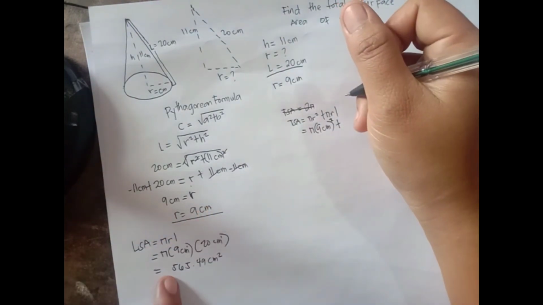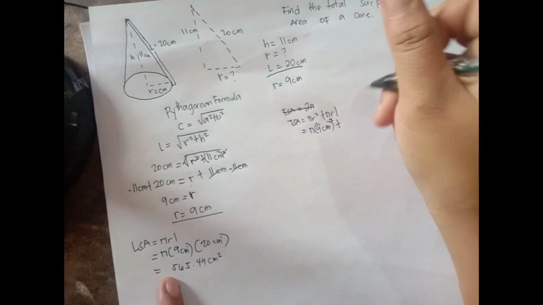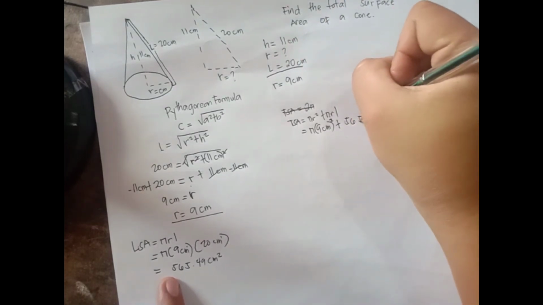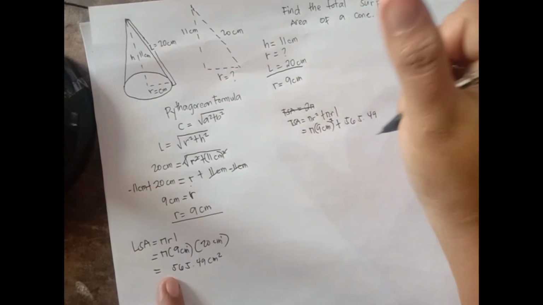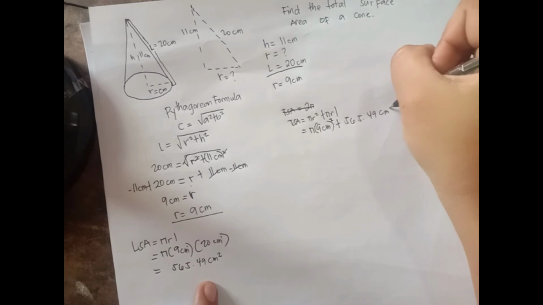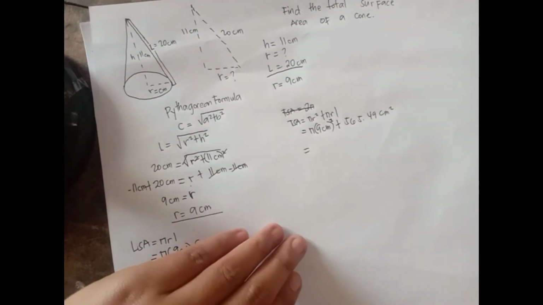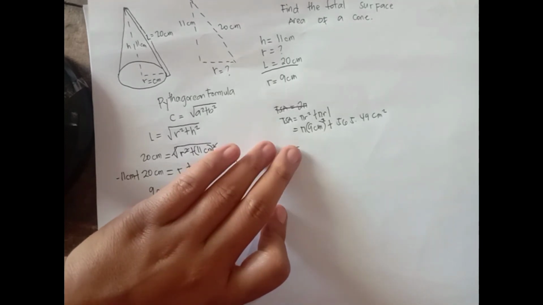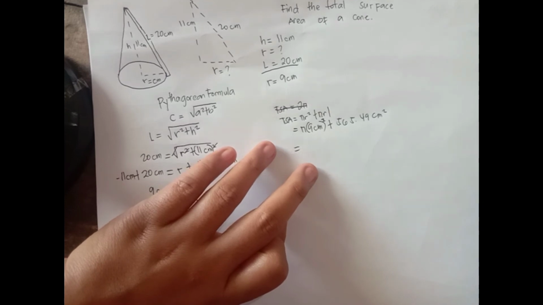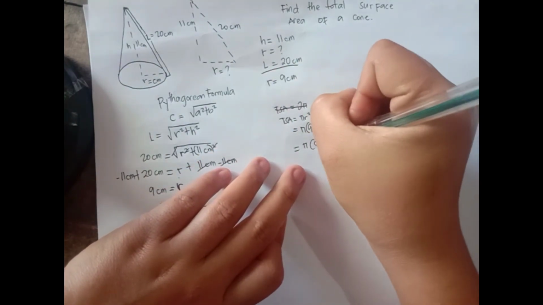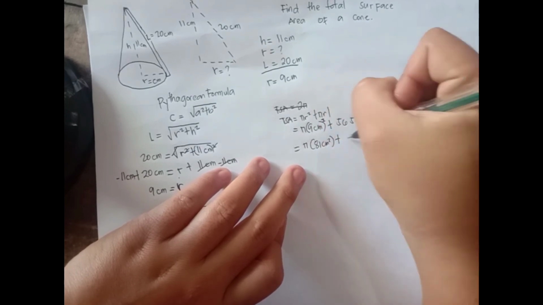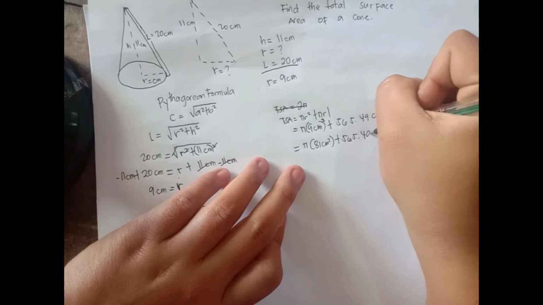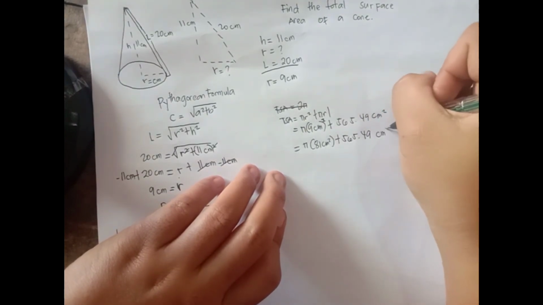Then, since we have the lateral surface which is 565.49 centimeters squared. Now, let us simplify the pi times 9 squared. So, pi times 81 centimeters squared plus 565.49 centimeters squared.